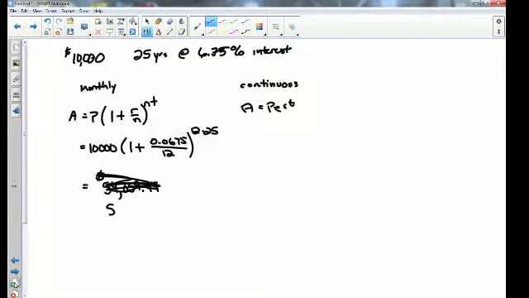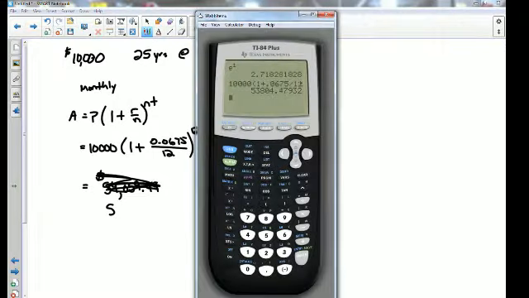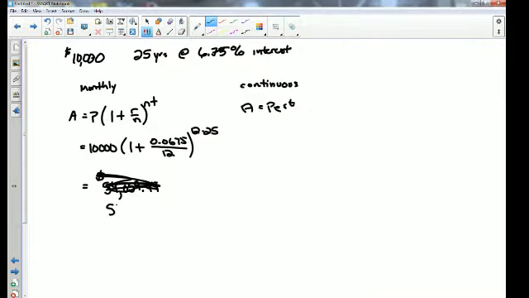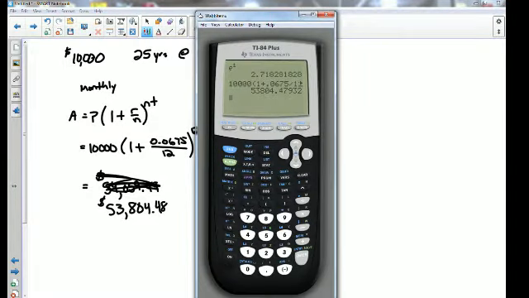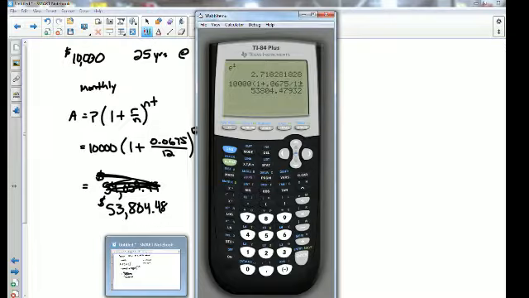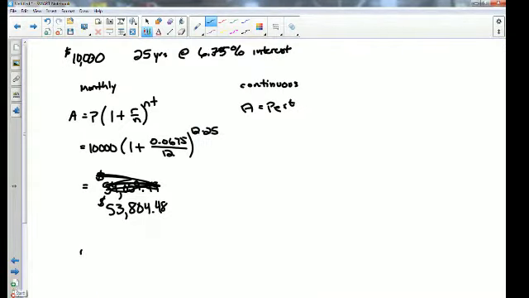What did our calculator say? 53,804.48. Yes, sir. Okay. Continuously compounded interest.